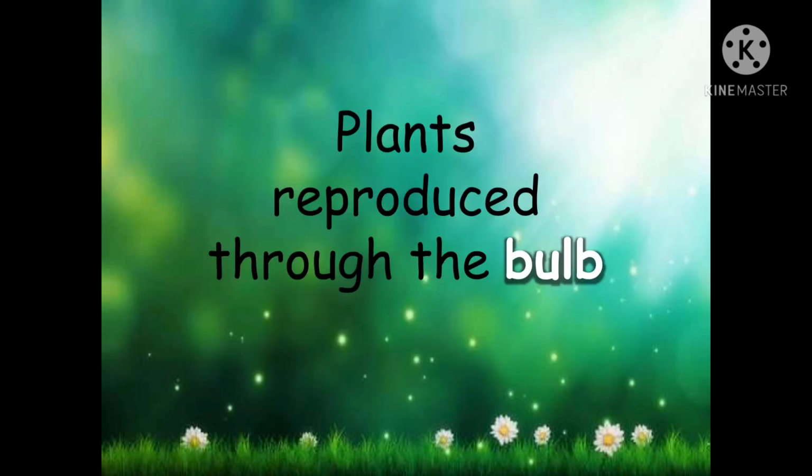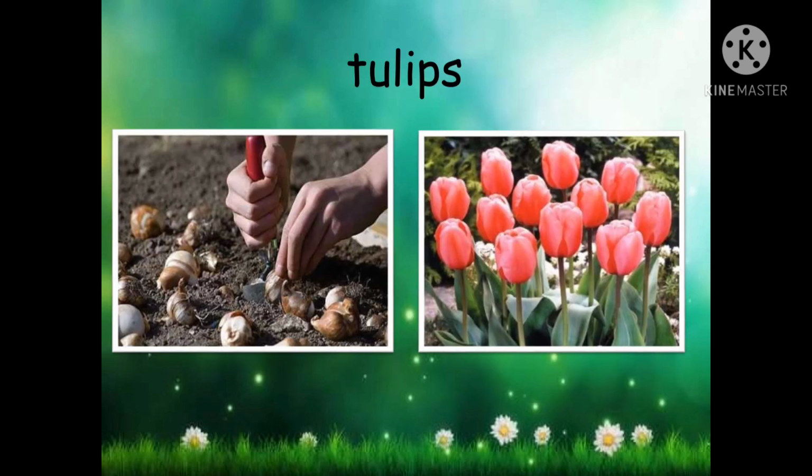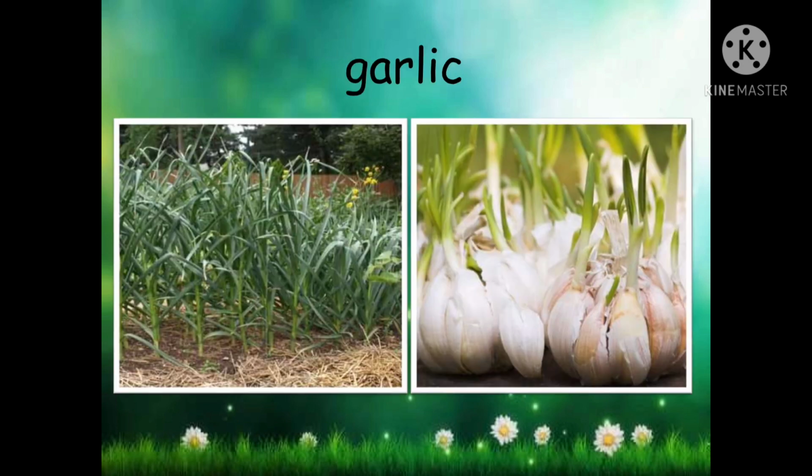So these are the plants reproduced through the bulb. First are the onion bulb, like this one. And the second one are the tulips. It is planted through a bulb. Then next is a garlic.